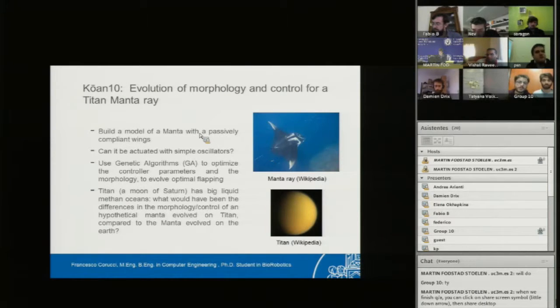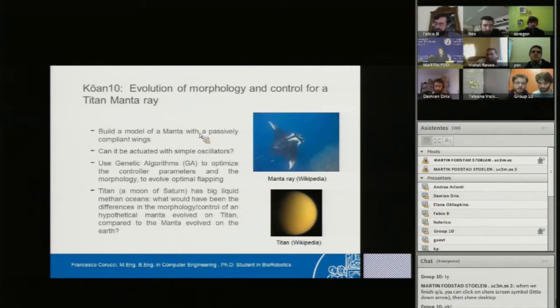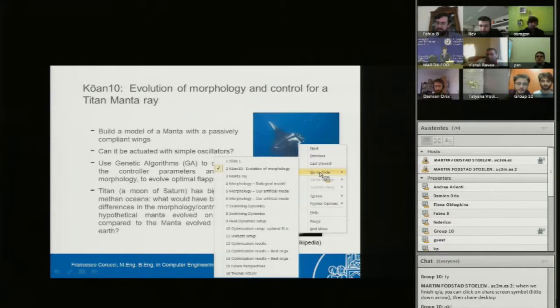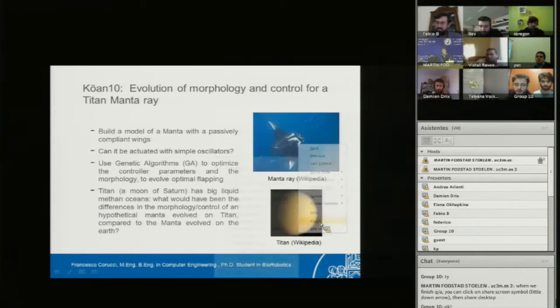And then we set up a comparison between the evolution of the same morphology and control on two different environments: on the Earth and hypothetically on Titan.